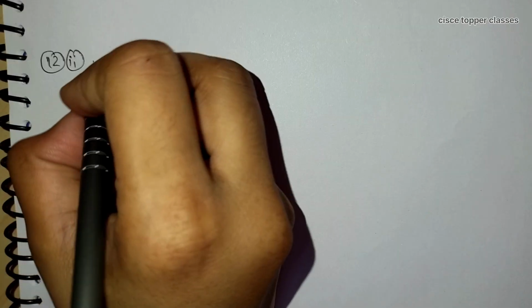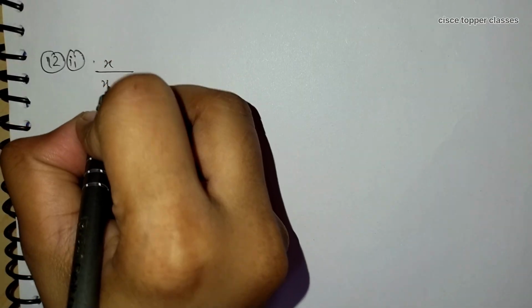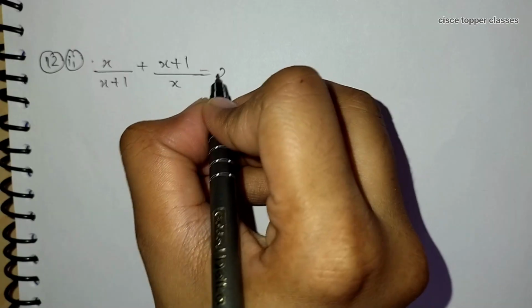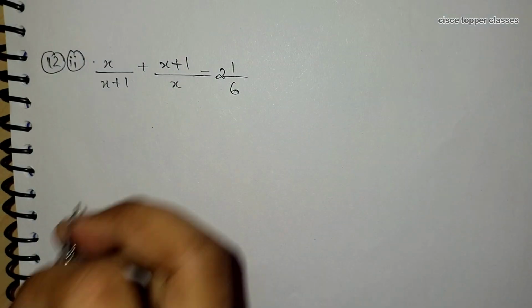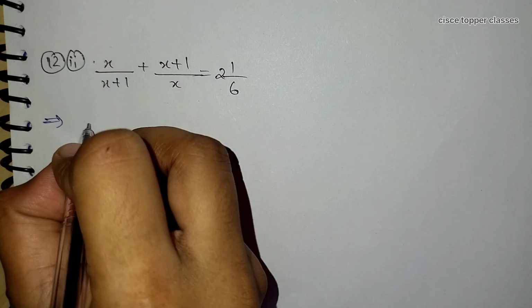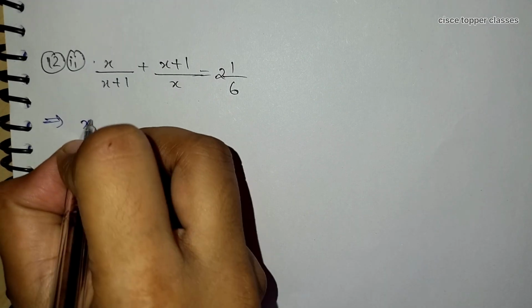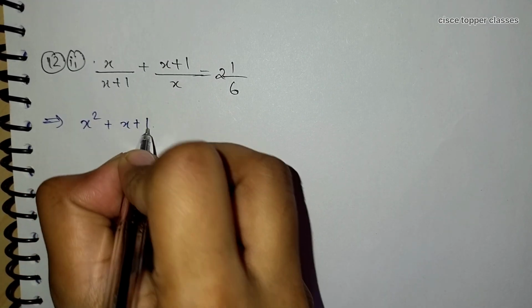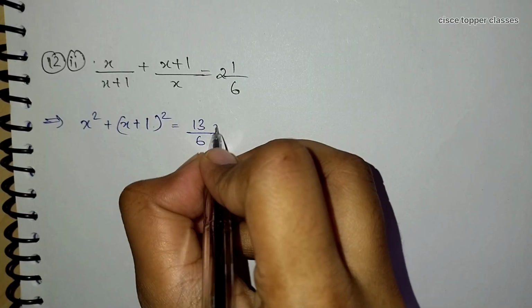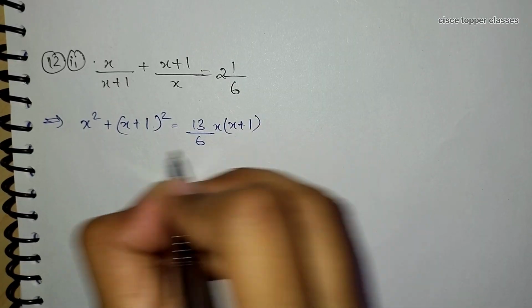Now let us solve question number 12, second part here, which is x by (x plus 1) plus (x plus 1) divided by x equal to 2 1 by 6. So here we can simply write it as, on taking LCM, (x square plus (x plus 1)) whole square equal to 13 by 6 x into (x plus 1).